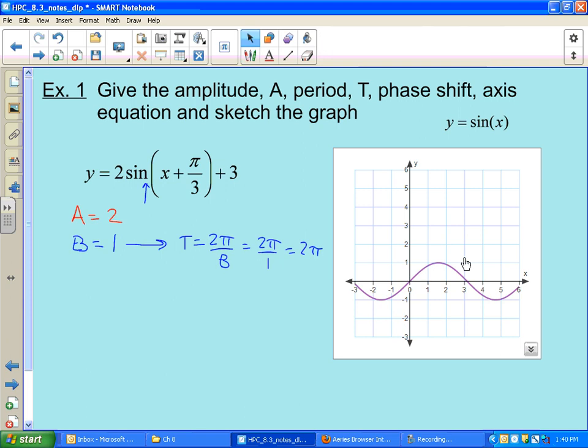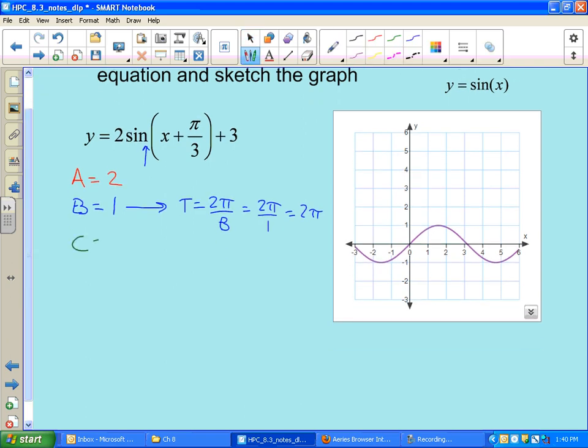How about C? What is C? Pi over 3. All right, good. I hear some of you guys talking about left. But C by itself is just this pi over 3 pattern. We could think of it as always x minus c, then we would say c is actually negative pi over 3.